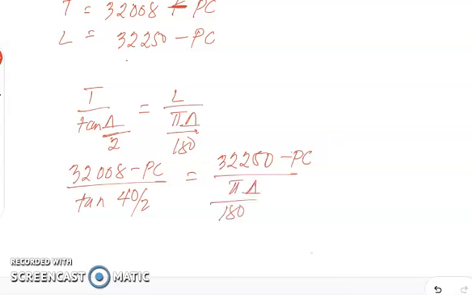Therefore, our PC will be 317+44.25. This is the station of PC.